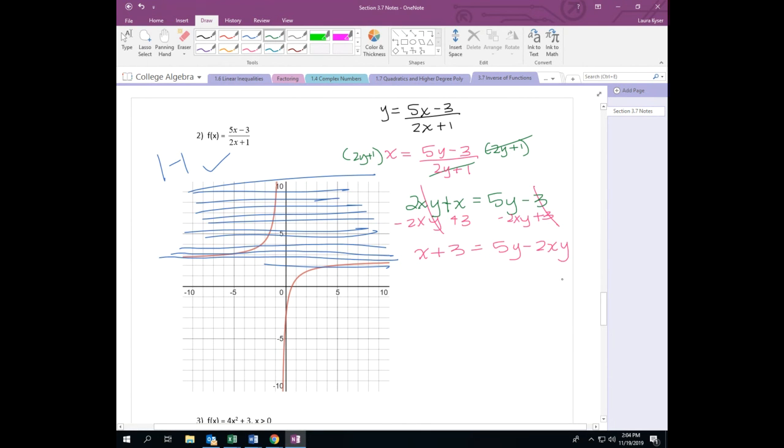Now, the reason why I want all the terms that have the y's in them on one side is because I'm going to factor a y out so that I can get it by itself. So this is x plus 3 equals y times 5 minus 2x.